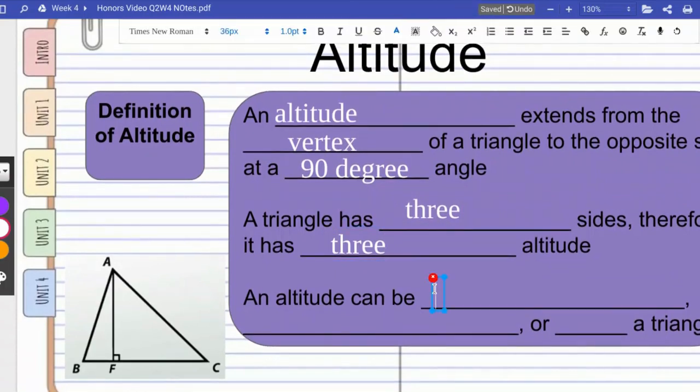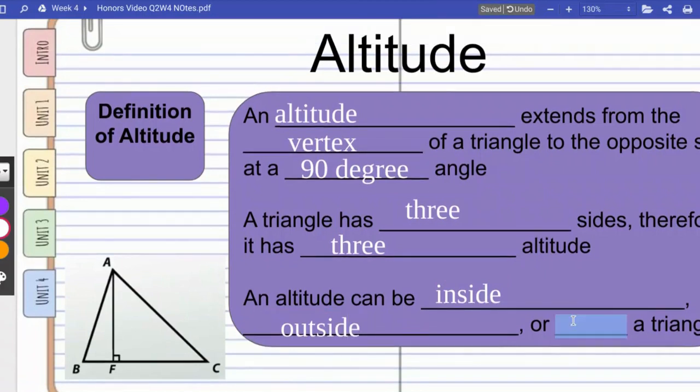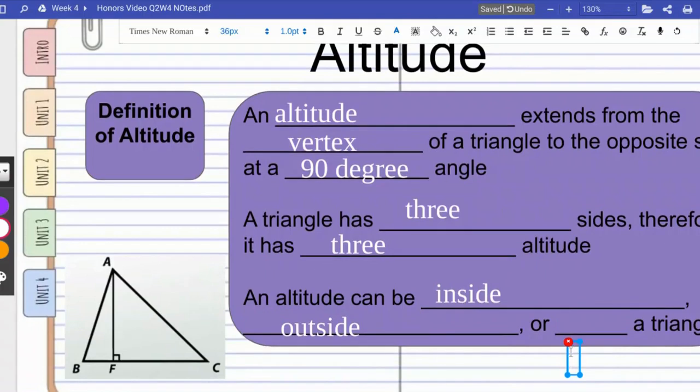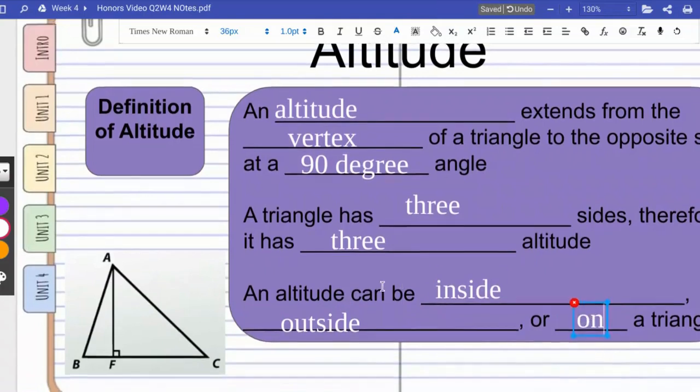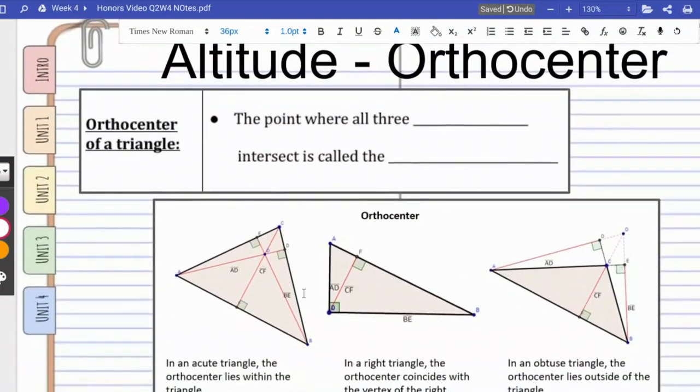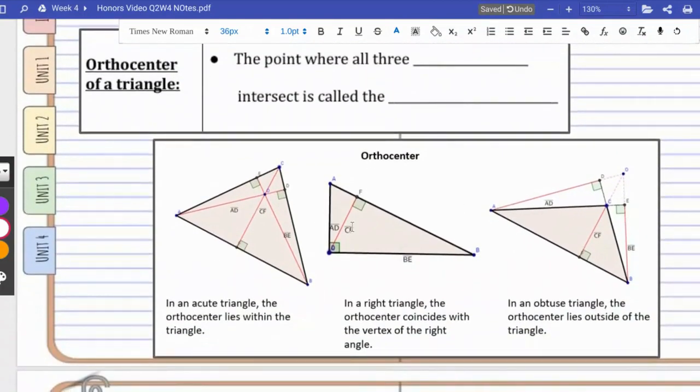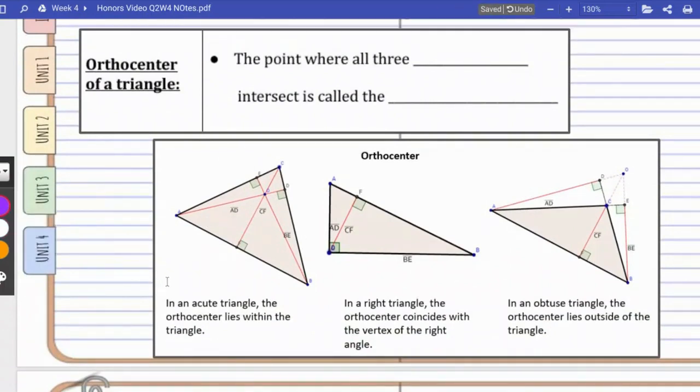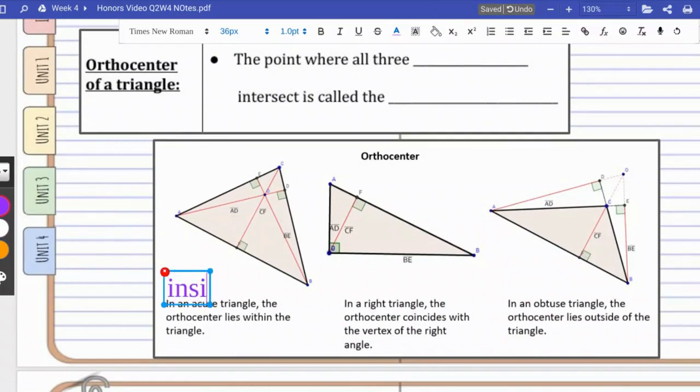What's special about an altitude is an altitude can be inside, outside, or on a triangle. So the pictures down here I kind of showed you. Here's some altitudes. On an acute triangle, the altitudes are inside.